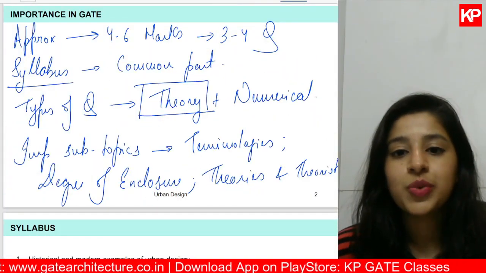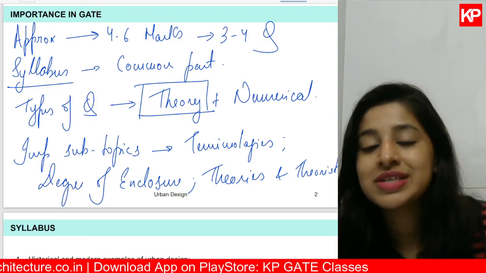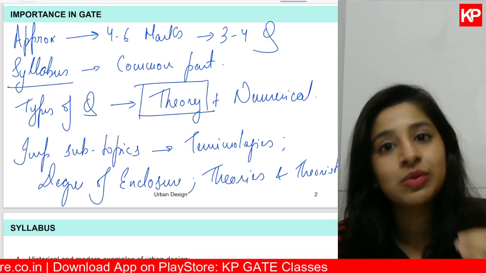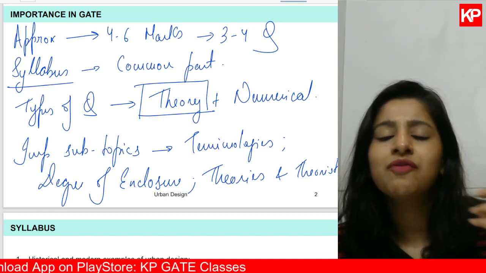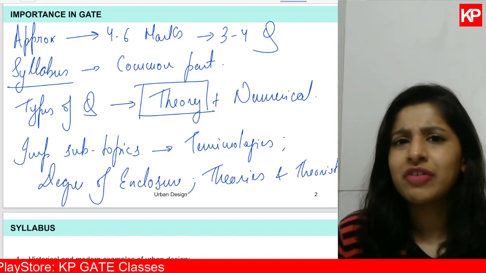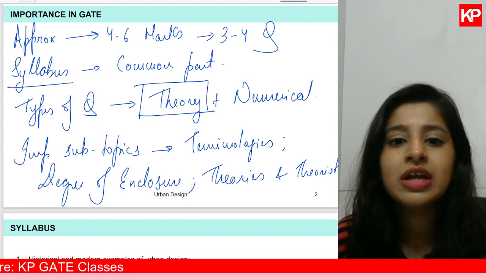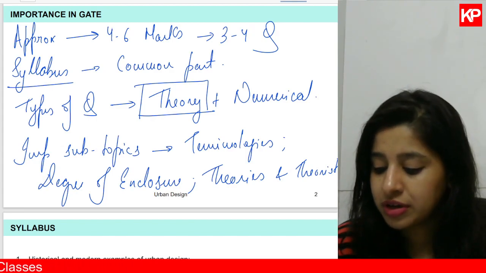We remember the theories, we remember the objectives of those theories, and we remember the names of the theorists. Similarly, you have multiple different theories given by various famous urban design theorists. A lot of things you might find similar, you may have heard here and there. So these are things that are asked from this particular section.